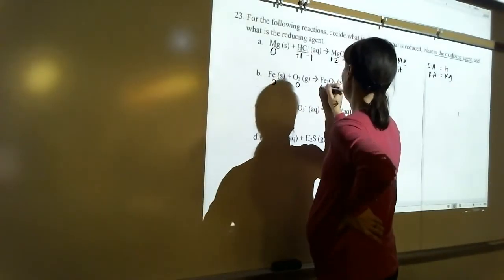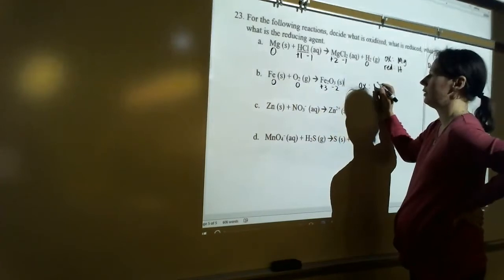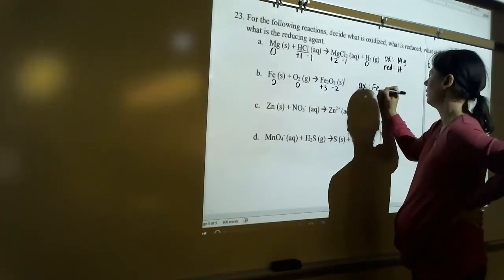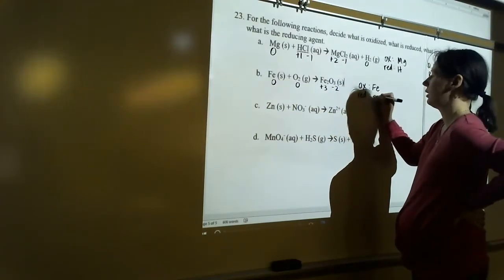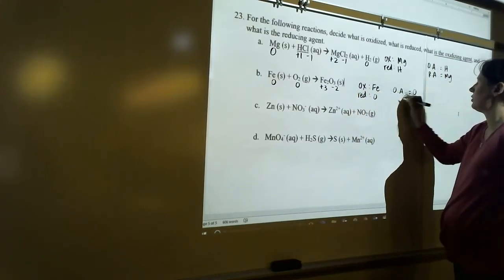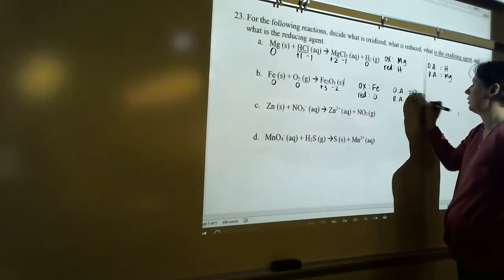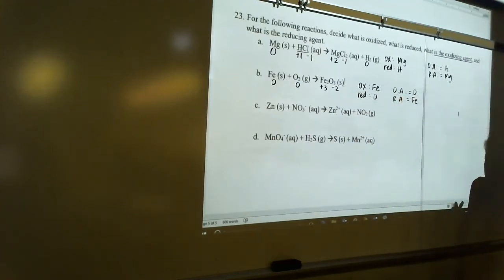0, 0, plus 3, minus 2. So what got oxidized? Iron. What got reduced? Oxygen. What's the oxidizing agent? Oxygen. What's the reducing agent? That'd be iron. Do we agree on B? Yeah.